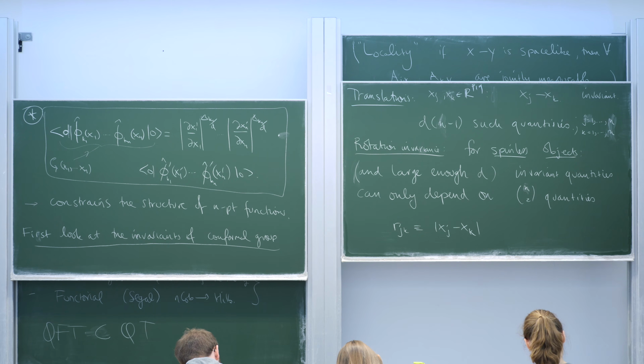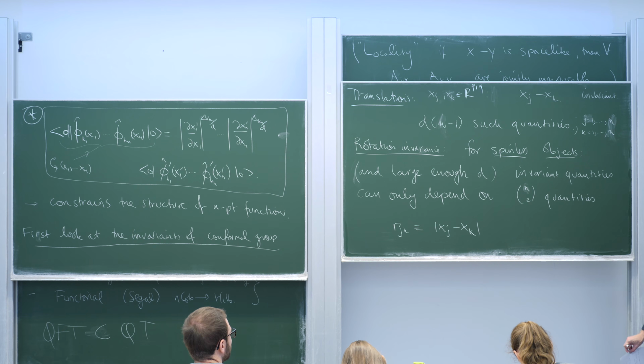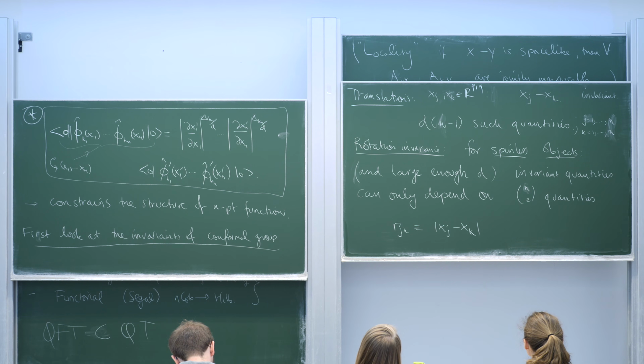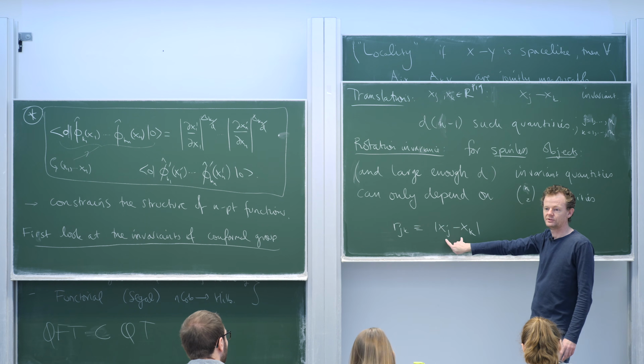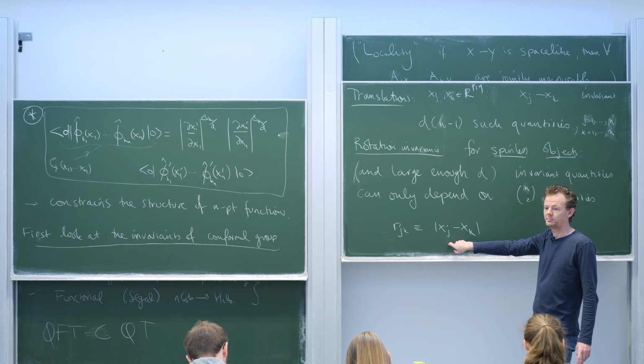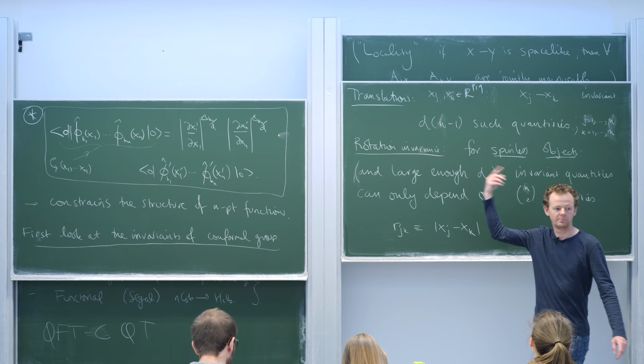So actually, the constraint of rotation invariance is a rather huge constraint, because it says not only can your quantities no longer depend on absolute positions, they can't even depend on differences anymore. They can only depend on lengths, right? Because if something's rotation invariant, then it can't depend on the angle, it can only depend on the length.